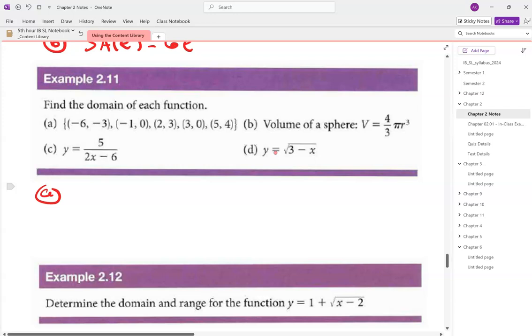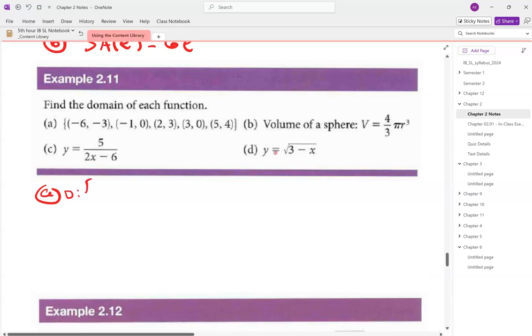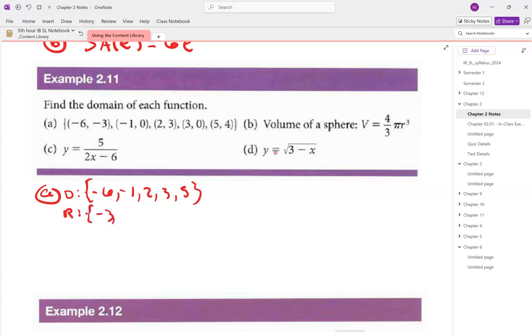Let's do some domains. So for the first function, it's listed as a set of ordered pairs. What's the domain? That's correct. What's the range? 0, 3, 4. Excellent.